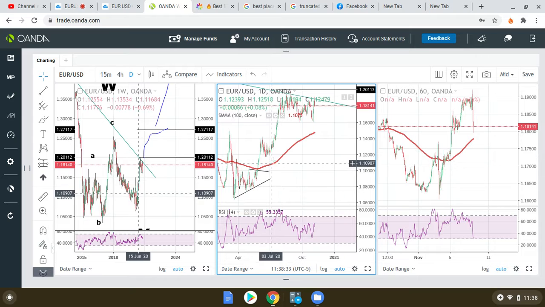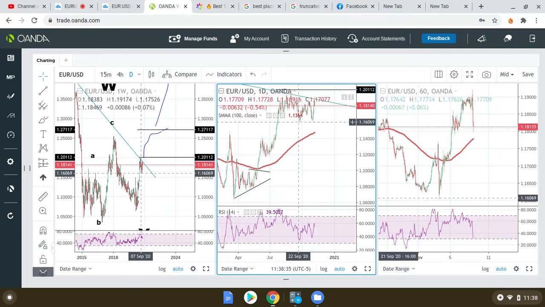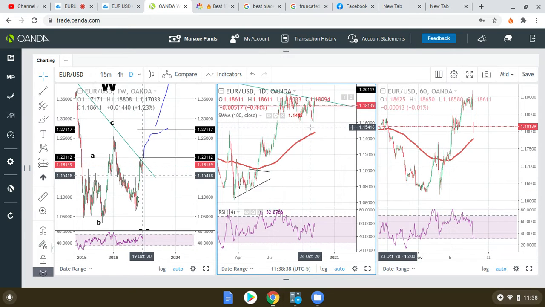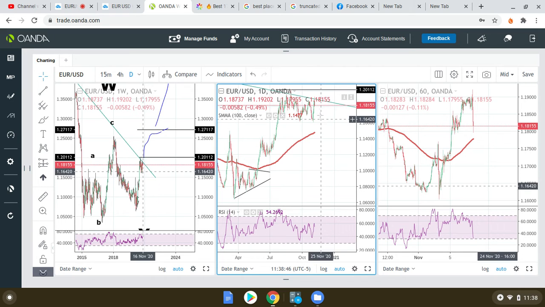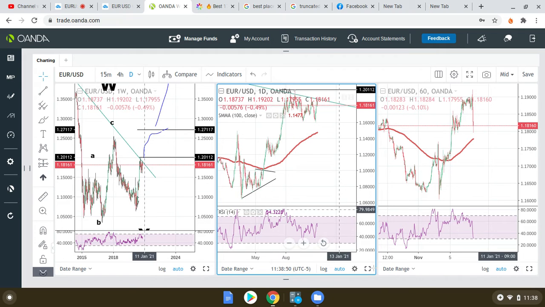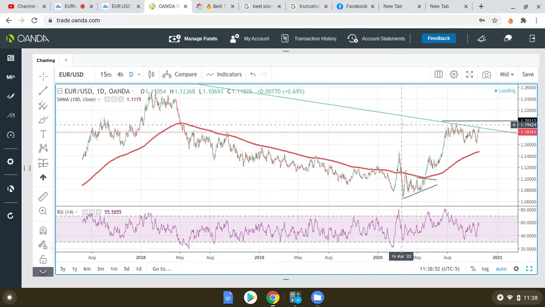So with that being said, we expect this to be a wave 2 of this first wave 3. And then we're expecting a wave 3 of 5 of wave Y. So just to blow that up, this is on a daily chart.